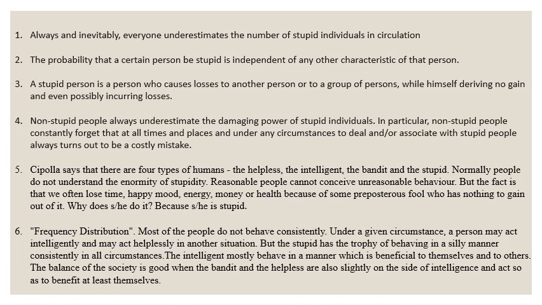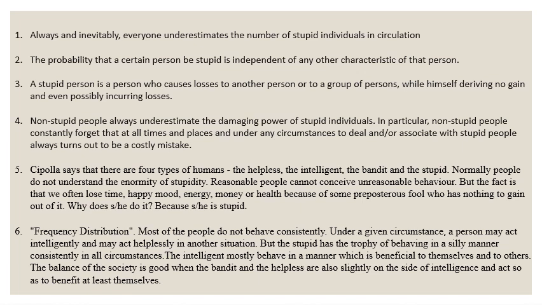What the author is trying to tell is that the number of stupid people in society is more than you can assume, more than you can anticipate, right? So we always tend to underestimate the number of stupid people, and that's not the fact. There are many stupid people around you, and the number is not infinite because the total population is finite, but it's always bigger than what you can assume.